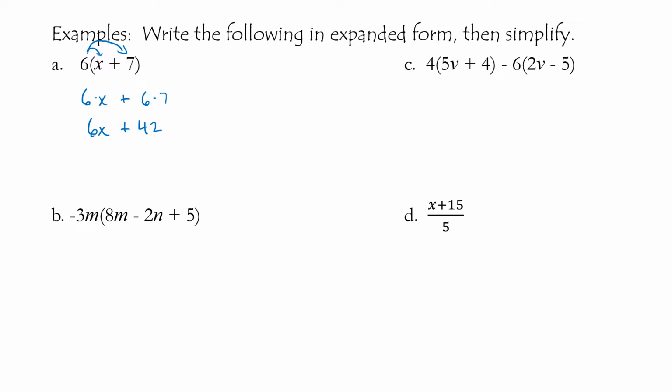So now we have a little bit harder one. We have negative 3m outside of the parentheses. Remember, when you're multiplying these, you are adding those exponents. If they don't have them written, the exponents are currently 1. So I have a negative 3m multiplied by 8m, a negative 3m multiplied by a negative 2n, and a negative 3m multiplied by a positive 5.